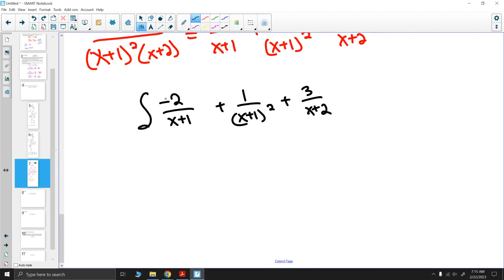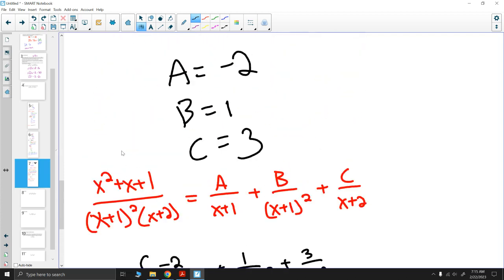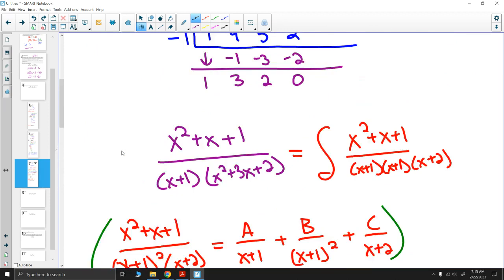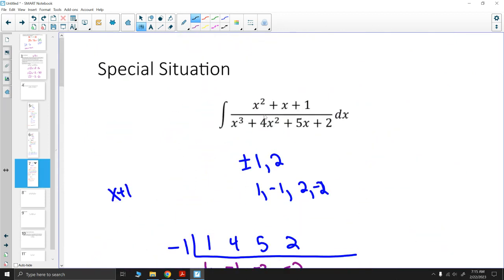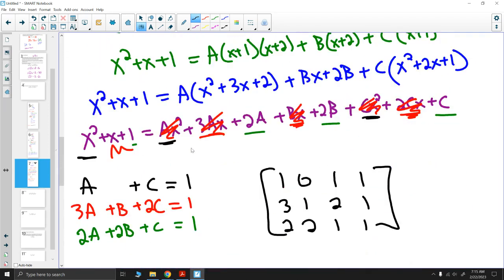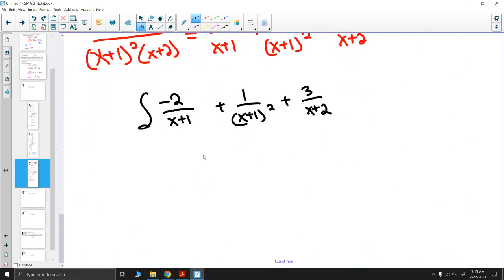So if we take a look at this, the integral of this would be, oh, and also we had, as a reminder, we didn't have anything ahead of it, so there's nothing we have to really worry about remembering in that case. So this would be a -2 natural log x plus 1.